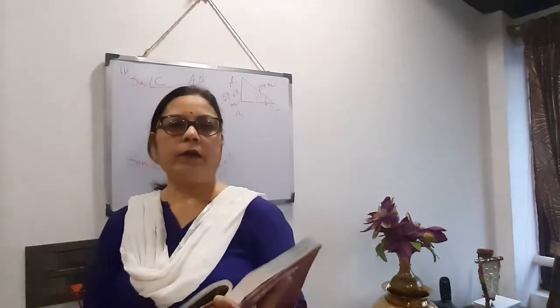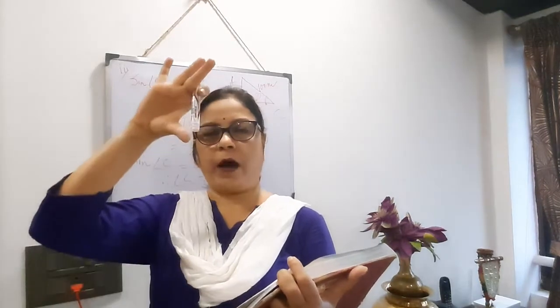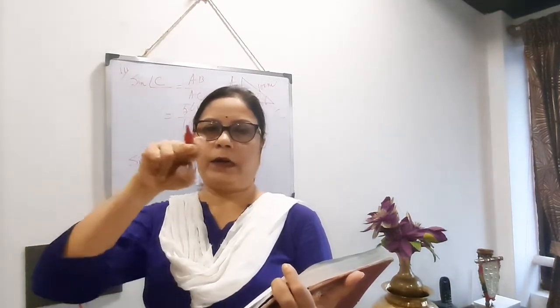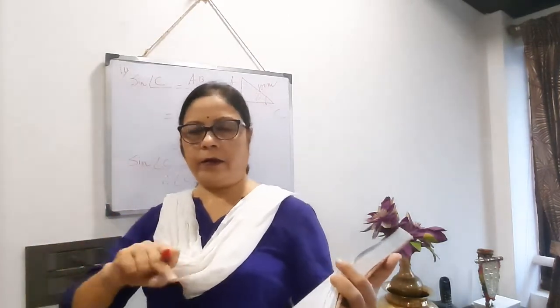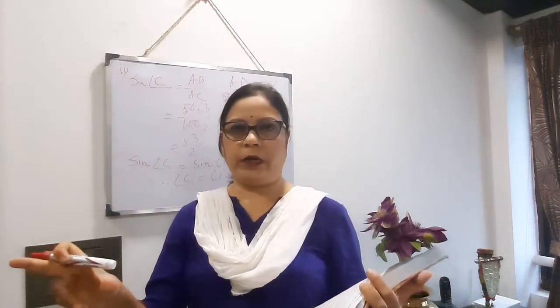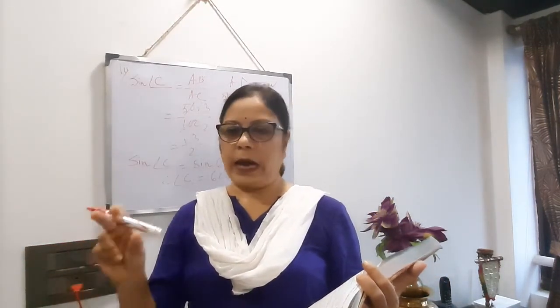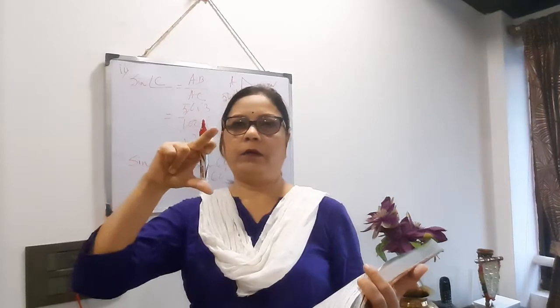Okay. Here it is told that due to storm, a tree breaks and its upper part, from the broken portion, is falling on the ground and it touches the ground at a distance from the foot of the tree, and that distance is same as the present height of the tree.